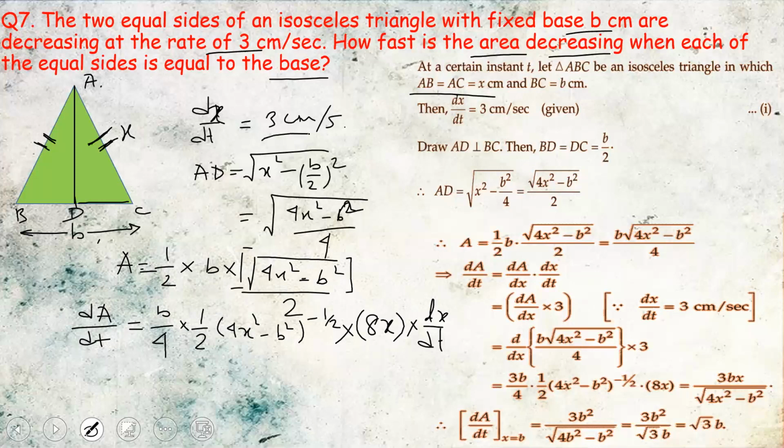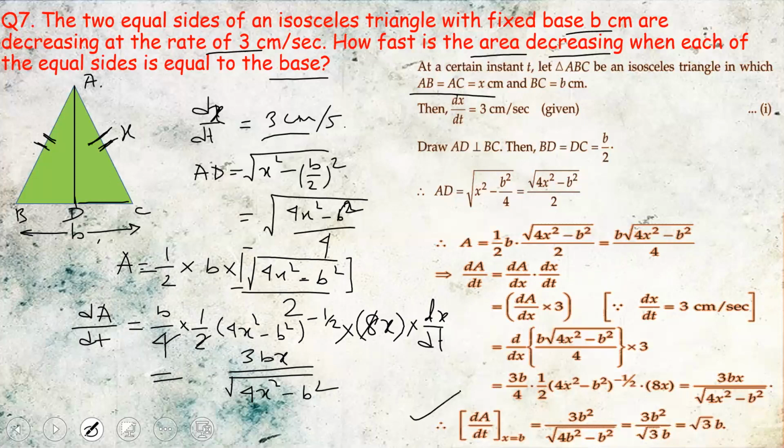Now the value of dx/dt is given. So ultimately, if we calculate it, the value will come like that: 3Bx upon root over 4x square minus B square.